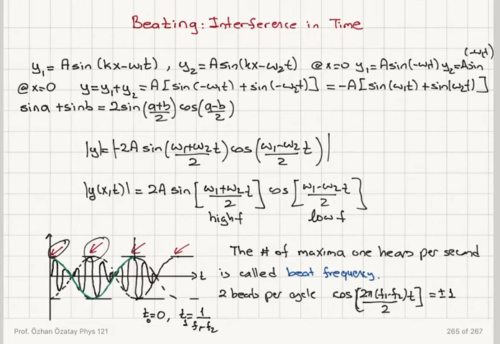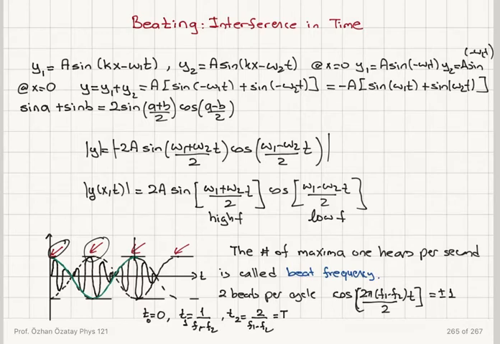So I'm going to have in 1 second the third time I hear it, that is the end of the period, t2, at time 2 over (f1 minus f2). So in one period we observe 2 maxima.